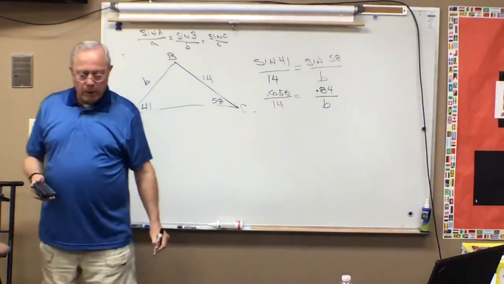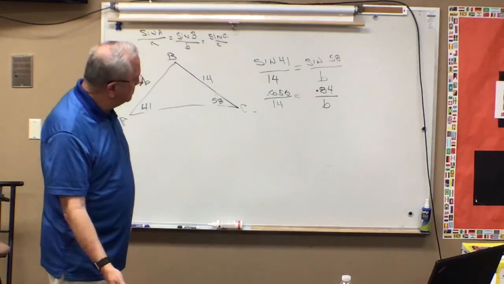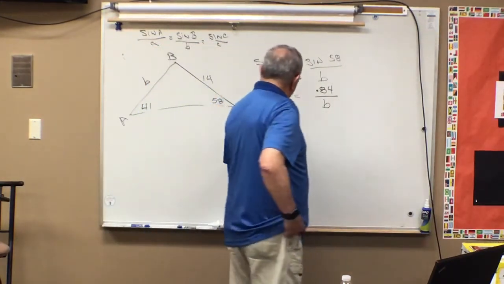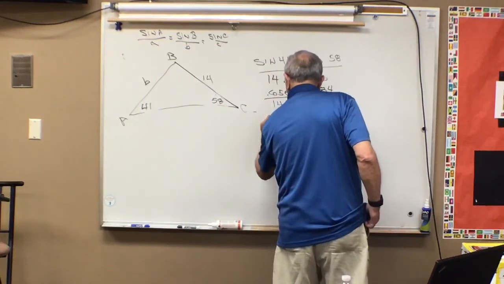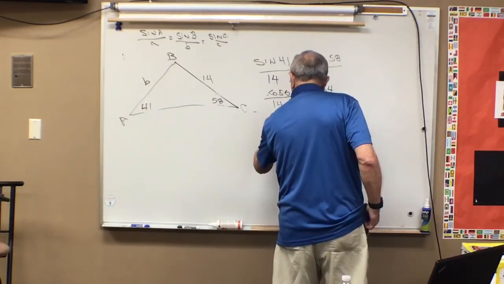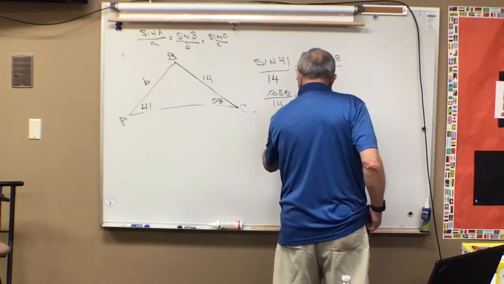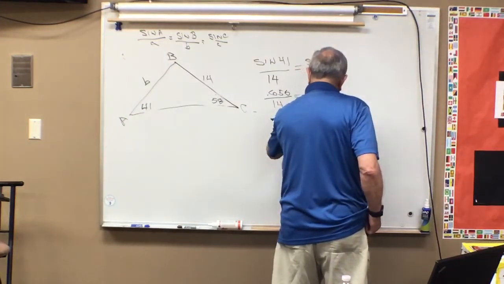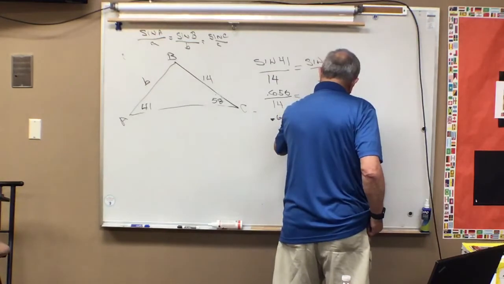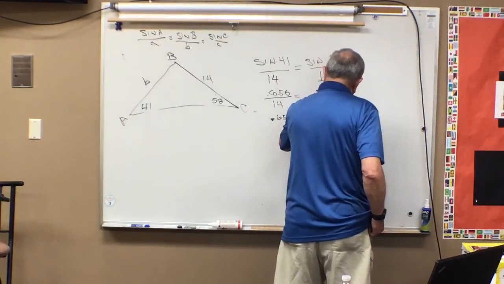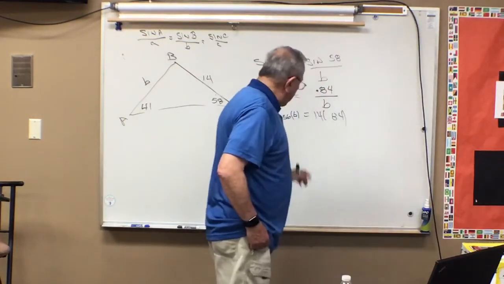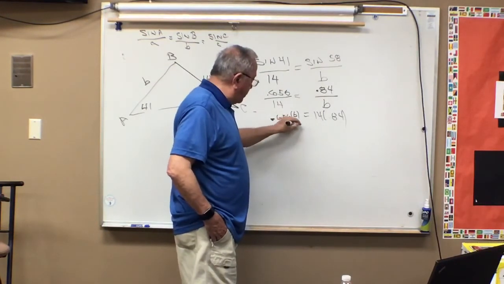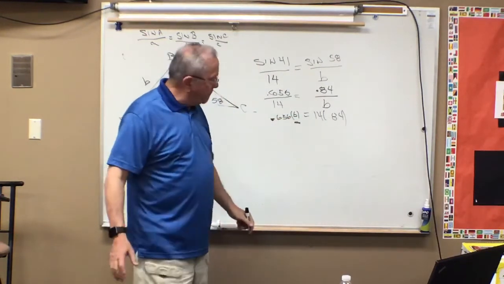With me? All right. Cross multiply, right? 0.656 times b equals 14 times 0.84. So I'm going to have to multiply this and then divide by this, because this is what I'm looking for, isn't it? Okay?